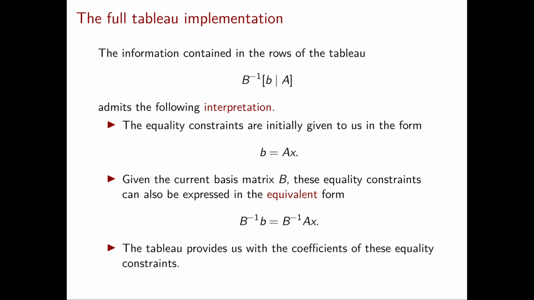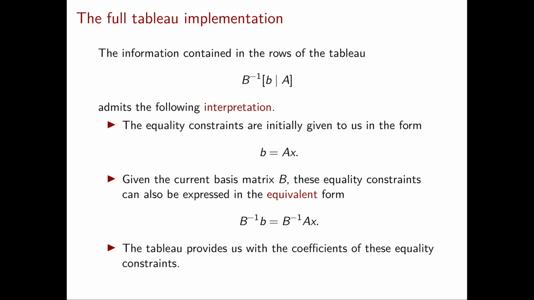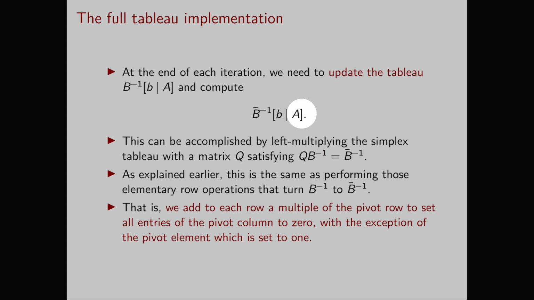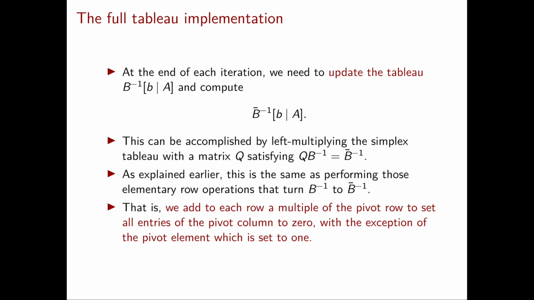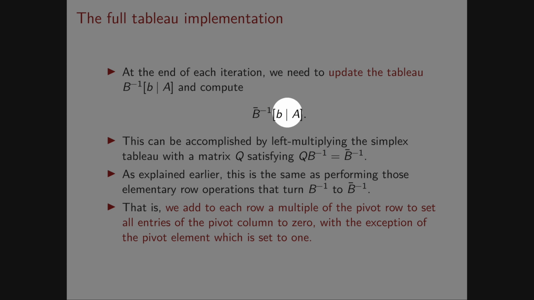If at the beginning of our iteration this is the simplex tableau, it means that at the beginning of the next iteration, the simplex tableau will instead be B bar inverse times [b A]. Here it is. Therefore, everything we need to do in an iteration of the full tableau implementation is to update our tableau from B inverse [b A] to B bar inverse [b A].